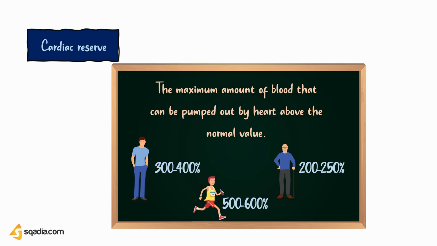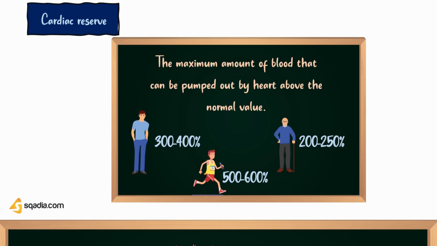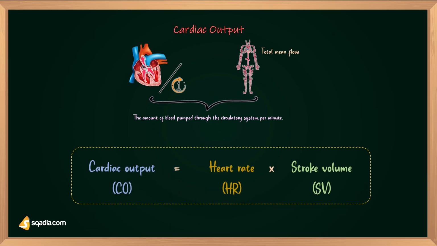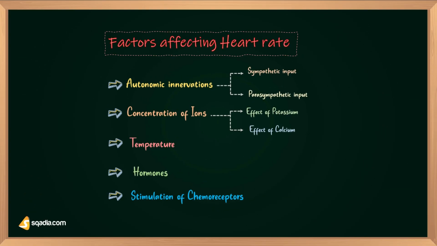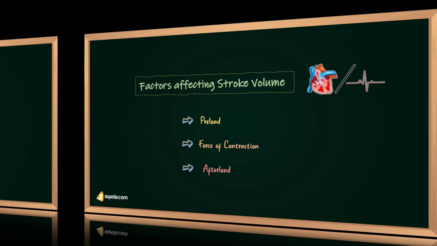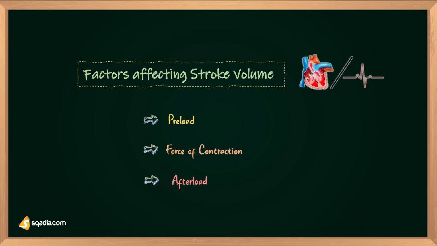But before going further, let's have a look what we are going to learn in this video. First, we will develop basic concept about the cardiac output that mainly depends on heart rate and stroke volume. Then, we will get to know how different factors affect heart rate and ultimately affect cardiac output, under title Factors Affecting Heart Rate.